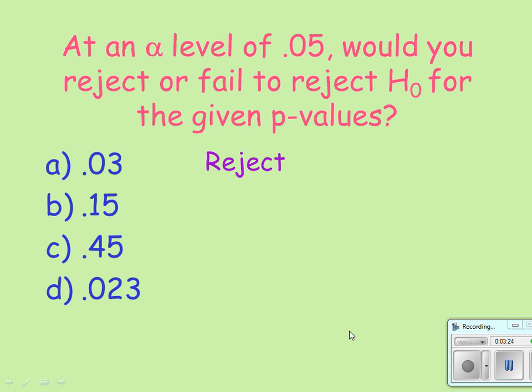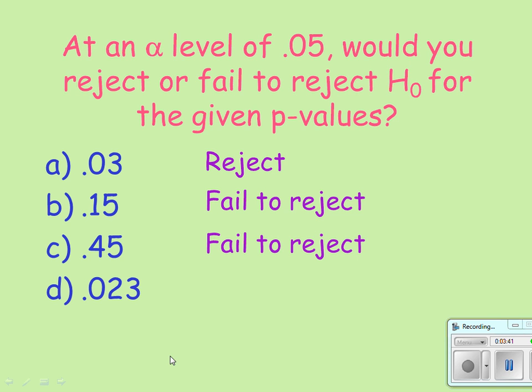Letter B is 15%. 15% is greater than 5%, therefore we fail to reject. Now 45% is very much bigger than 5%, so again, we are failing to reject. And lastly, you have 2.3% versus 5%. 2.3 is less than 5, therefore we reject.